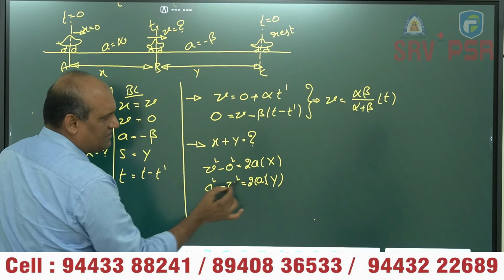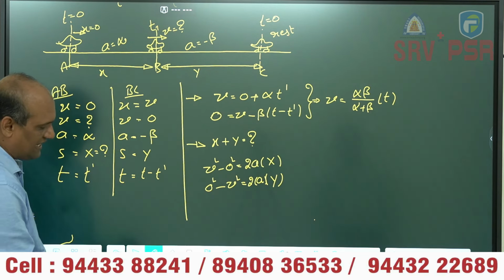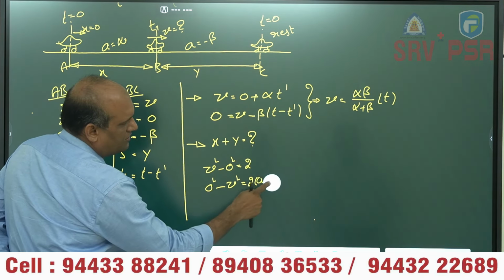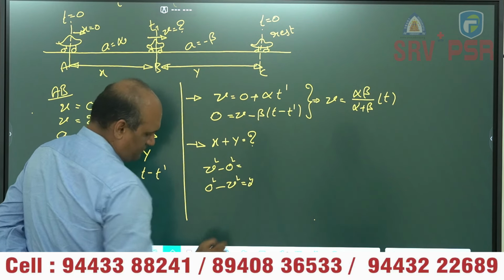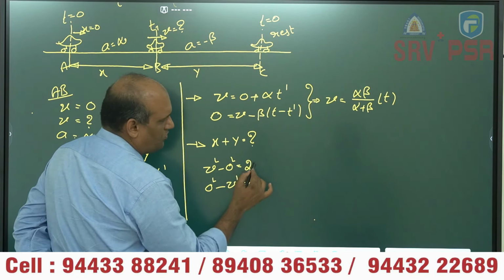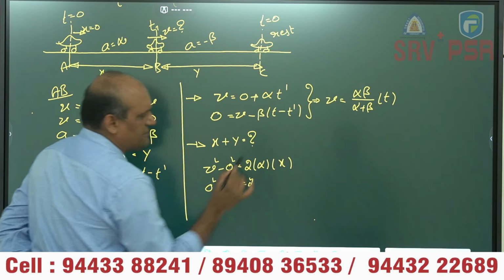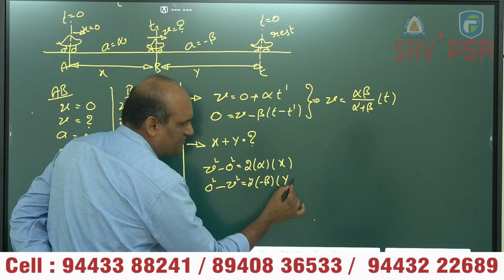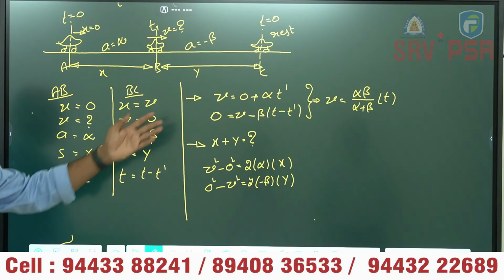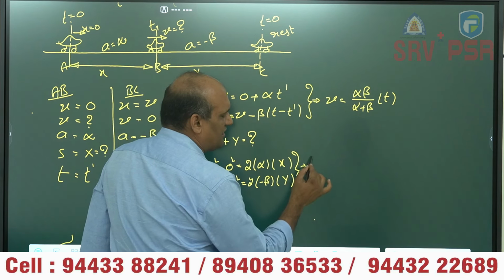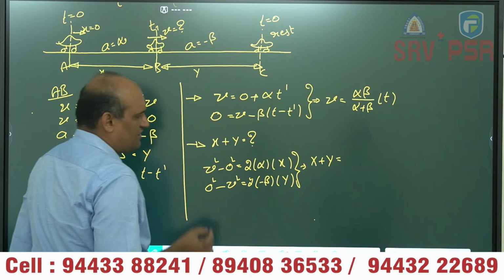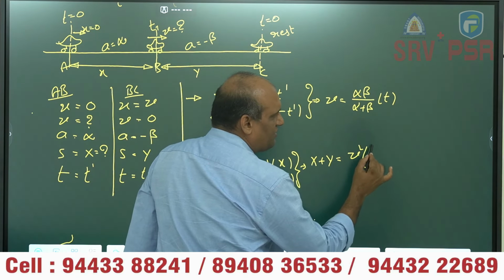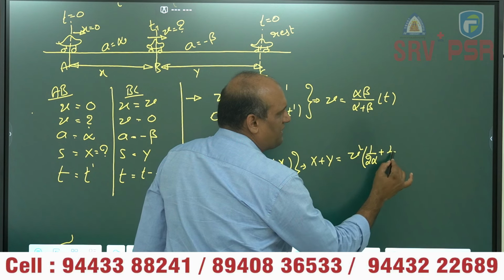So I want to get X plus Y. For the part AB, acceleration is alpha into distance X. For the part BC, acceleration is minus beta into distance Y. So clearly I want to get the total distance X plus Y. I get X plus Y equal to V square by 2 alpha plus V square by 2 beta, nothing but V square into 1 by 2 alpha plus 1 by 2 beta.